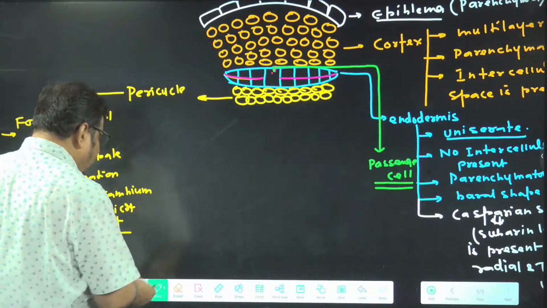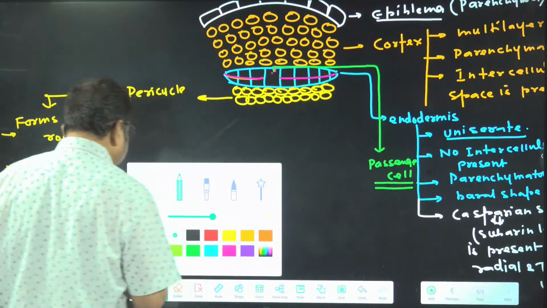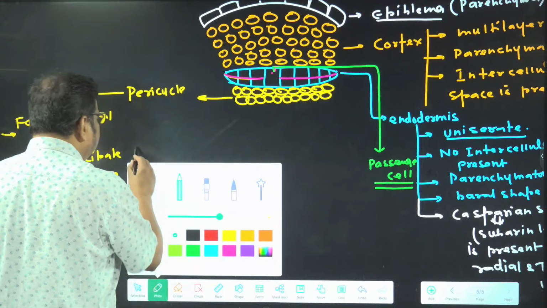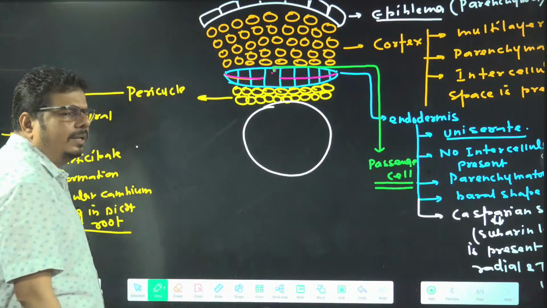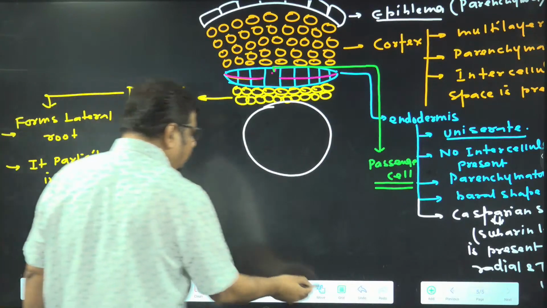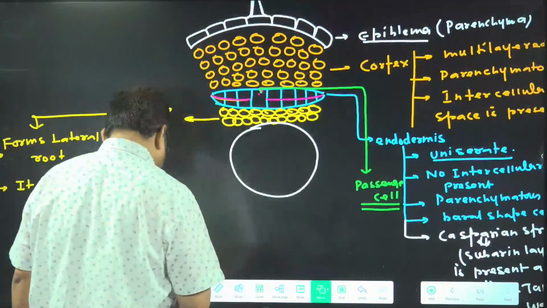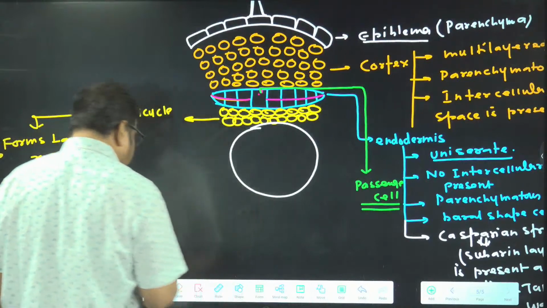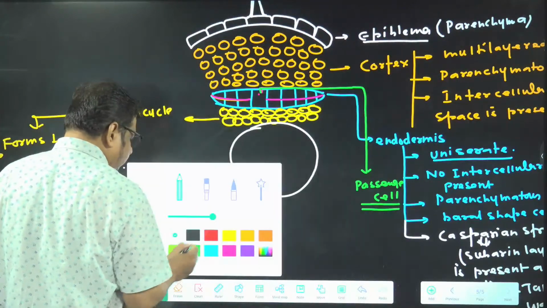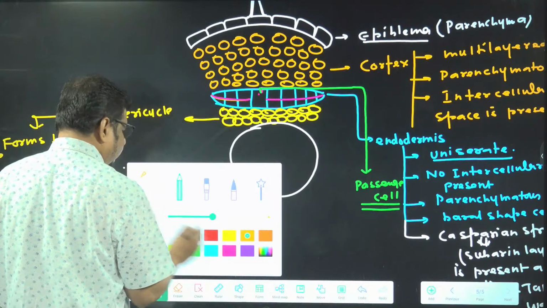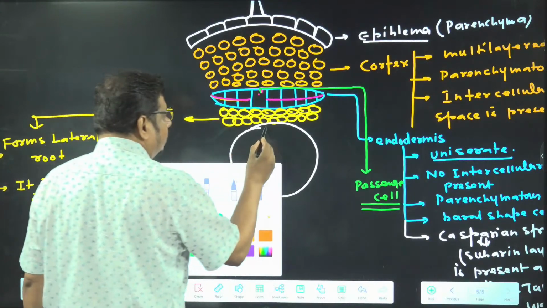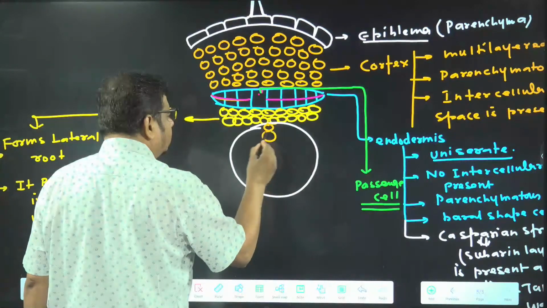Now we are going to deal with the vascular tissue. Have a look here. If I talk about the vascular tissue, let me tell you what you will find here. So this is protoxylem, this is metaxylem.